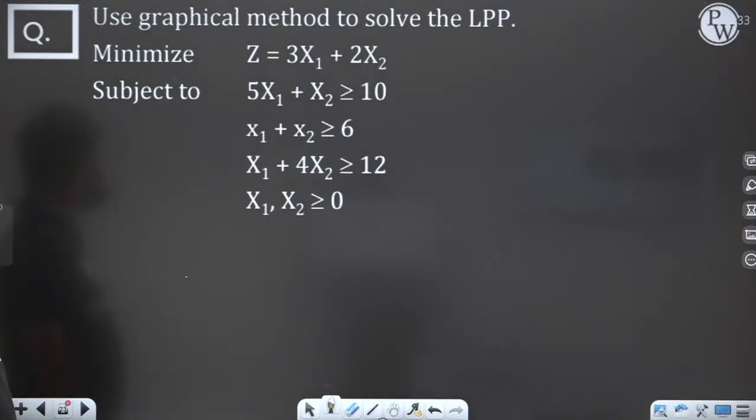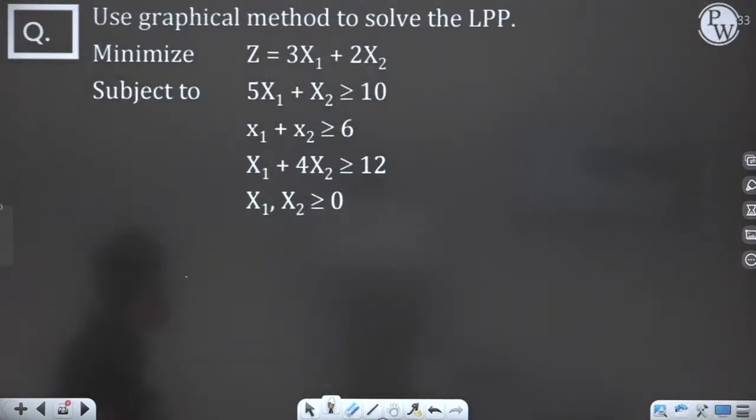Okay. Shall I solve? Solve this question.